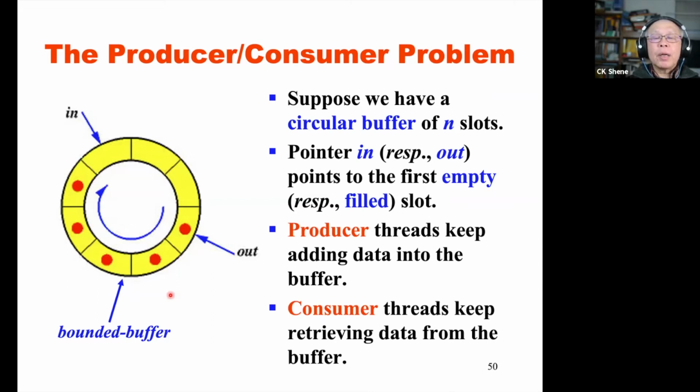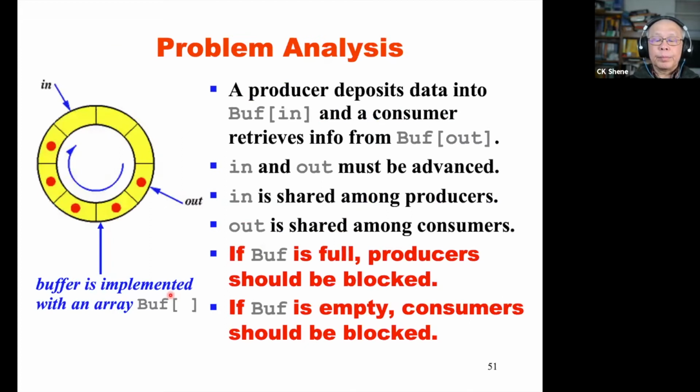So think more about it. The producer-consumer problem is so commonly seen in daily life and in computer systems. So let's analyze this very general problem. As we mentioned, a producer always adds things to the location pointed to by the in pointer.